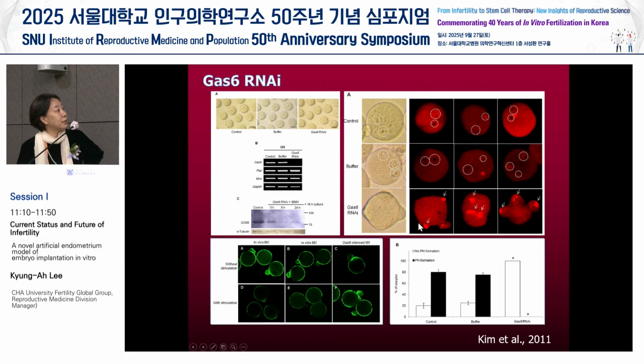In GAS6 RNA interfered, knockdown oocytes, the sperm head doesn't decondense. The sperm heads are just there. And the cortical granule exocytosis also didn't occur without GAS6.